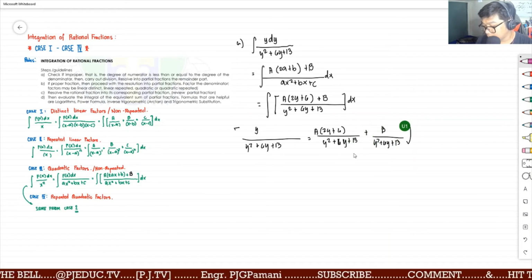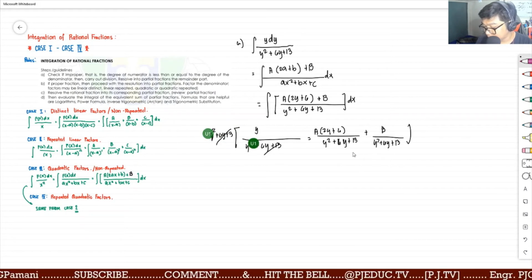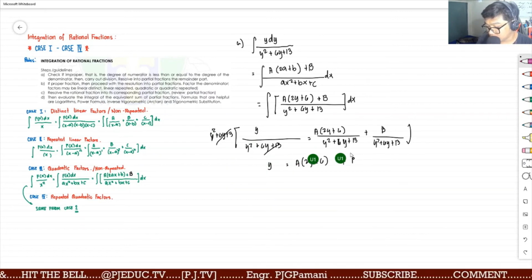Try both sides of y squared plus 6y plus 13. Cancel, cancel. Y is now equal to a times 2y plus 6 plus b.